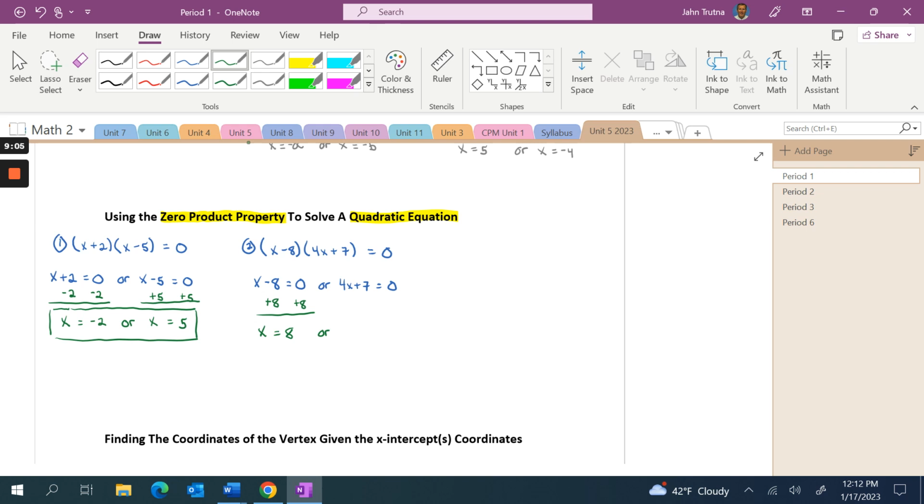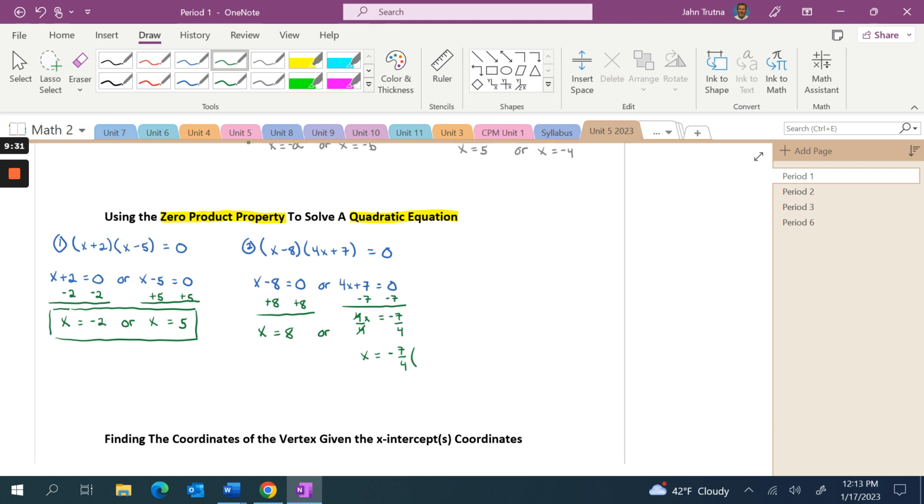Or solving the other equation, 4x plus 7 equals 0, this is going to take me 2 steps to solve. My first step would be to subtract 7 from both sides, and then I would get the equation 4x is equal to negative 7, and then I would divide both sides by 4, and so I would get x is equal to negative 7/4.